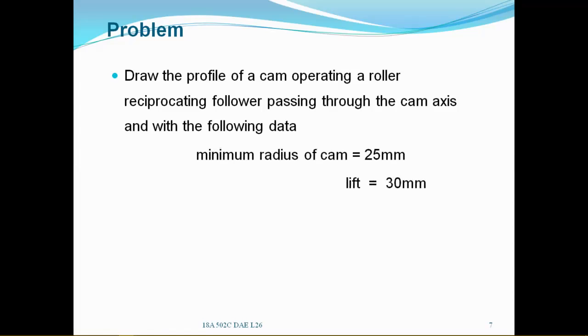The lift, that is S, the vertical line, is 30 mm, and the roller diameter is 15 mm. This will help to draw the rollers on the cam profile and also to draw the prime circle by taking the minimum radius of the cam plus half of the roller diameter. That will give you the prime circle radius.